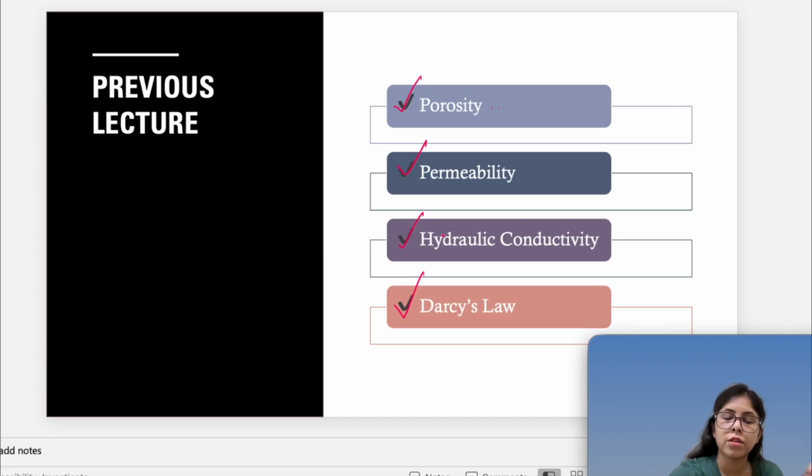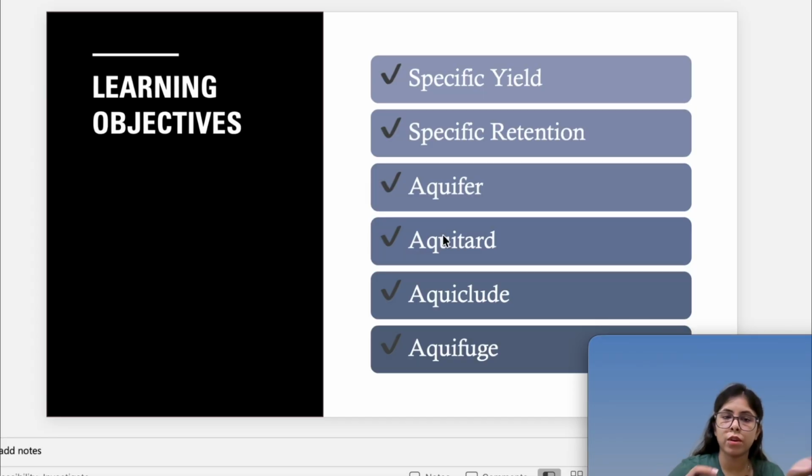And now in today's lecture, we will be studying what specific yield and specific retention are, and what an aquifer is, the types of aquifer, what Aquitards, Aquiclude, and Aquifuge are, and the difference between them.